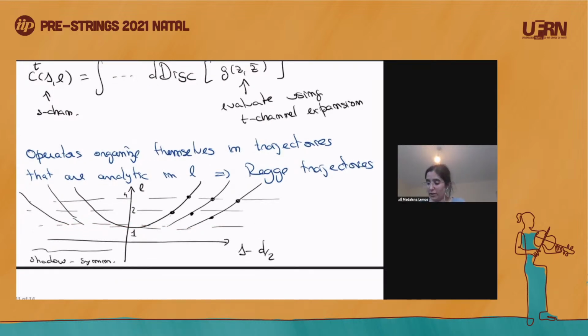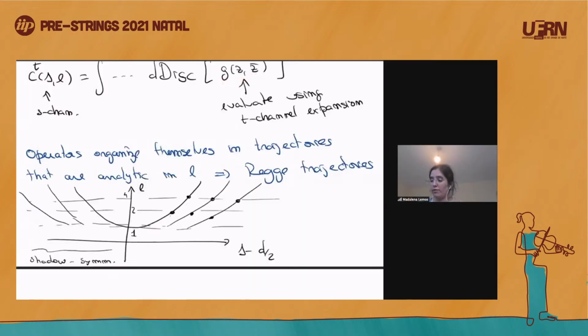This is the generic behavior of a correlator. You could have correlators that behave nicer, that are faster in going to 0 in these arcs that you drop. So it could be that this behavior is actually better in particular models, but this is what's guaranteed just by conformal symmetry. And now the thing you probably want to ask is how much of the function do you need to know?